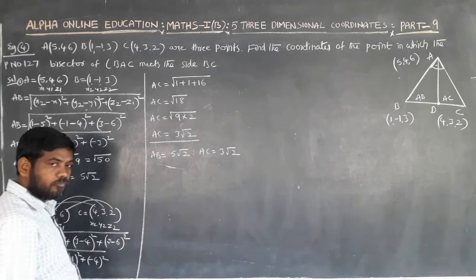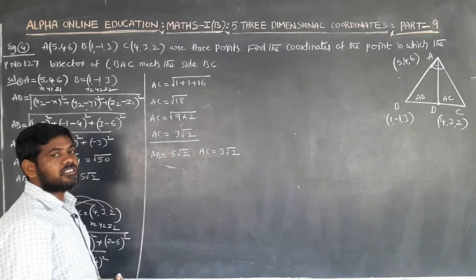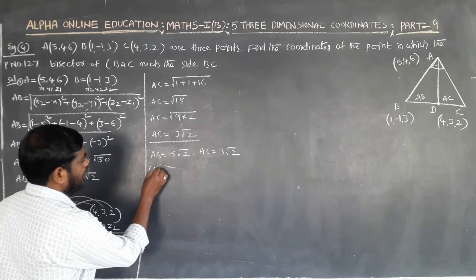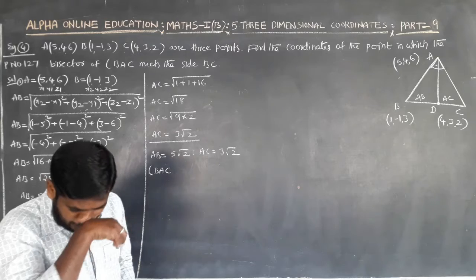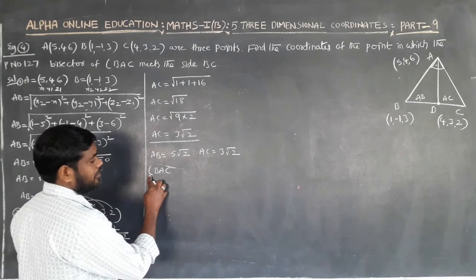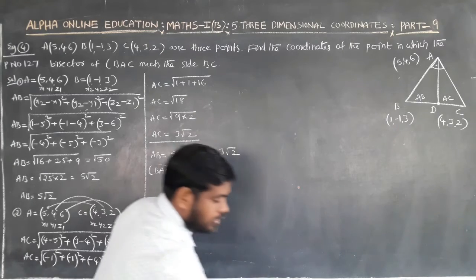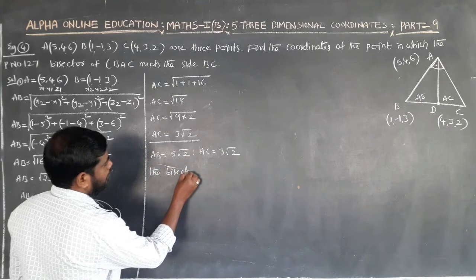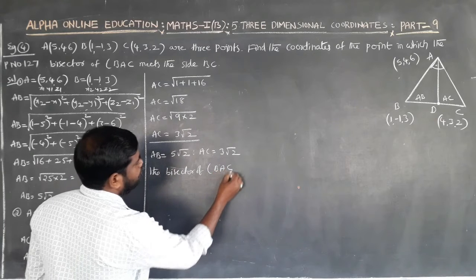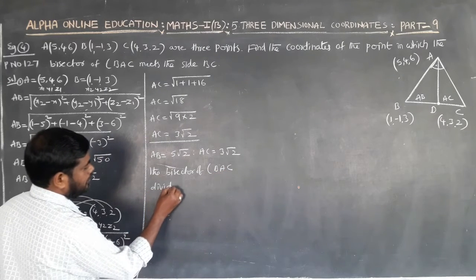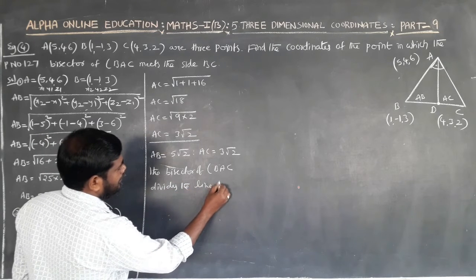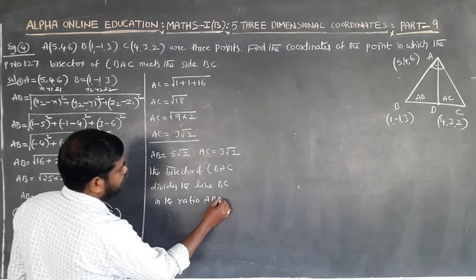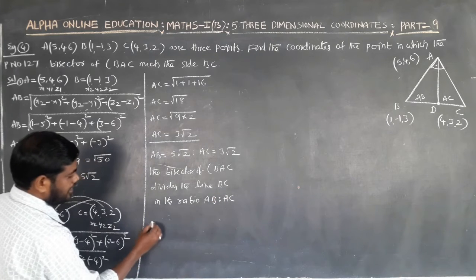Here the bisector of angle BAC divides the line BC in the ratio AB is to AC.